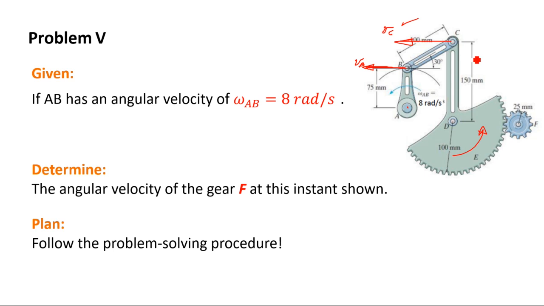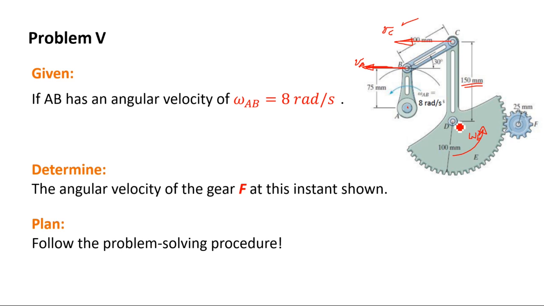Step number 3, I'm going to use VC and divide it by the length of 150 to find the omega of the gear. Now, the omega of that green part is the same at any point, but the velocities are different.